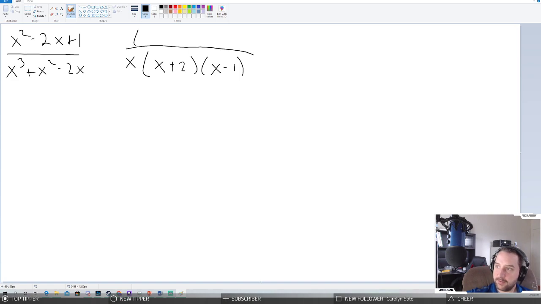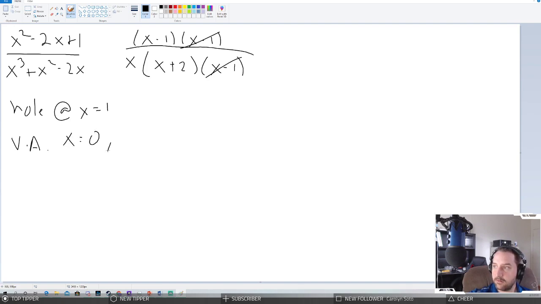And on top it was x minus 1 times x minus 1. So those will cancel out. I had a hole at x equals 1. I had vertical asymptotes at x equals 0 and negative 2. And then we said that we had a horizontal asymptote at y equals 0 because the degree on the bottom is larger than the top.